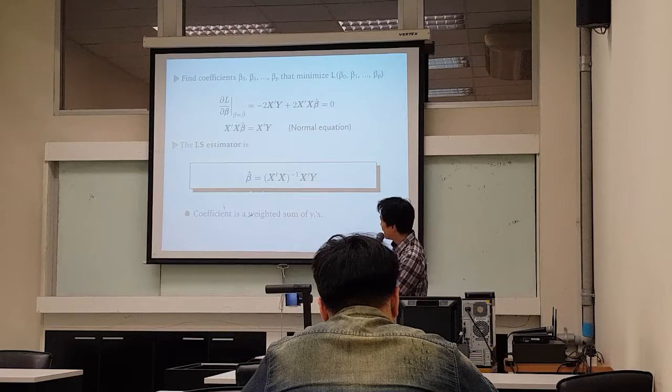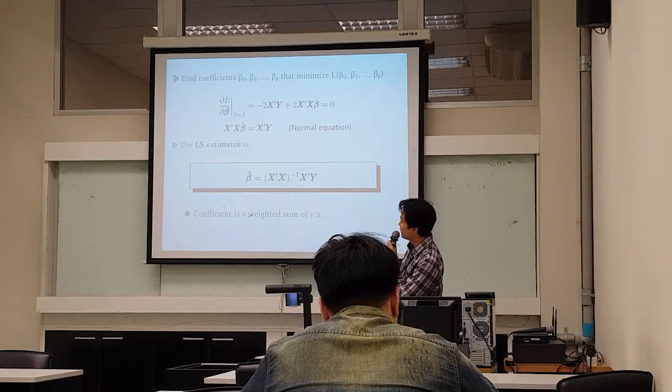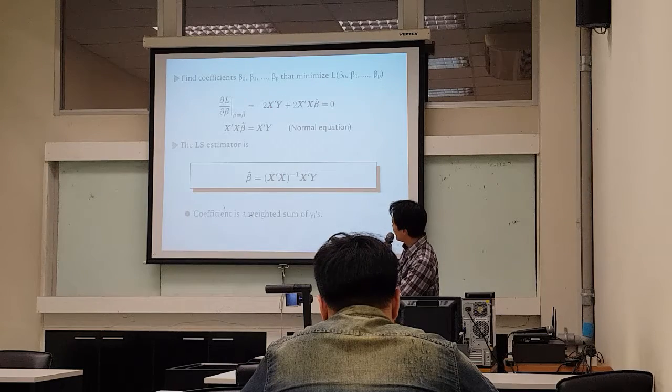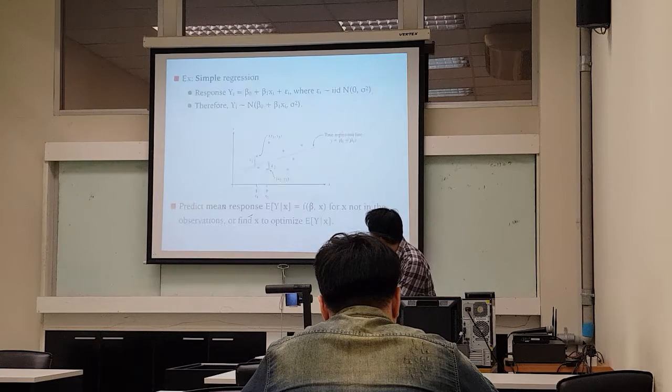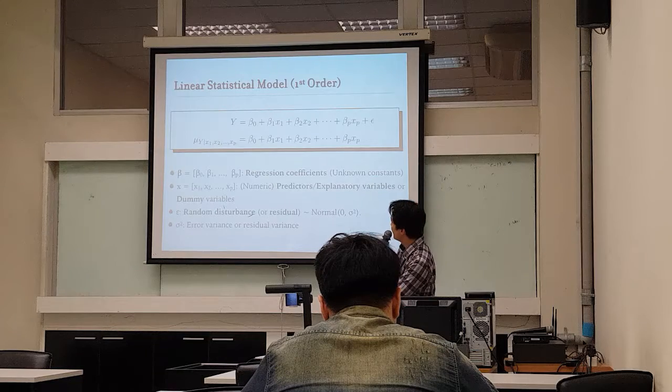Now, this coefficient beta is a function of x and y, the predictor x and the response y. This x, from our model, is a scalar of numeric variables.